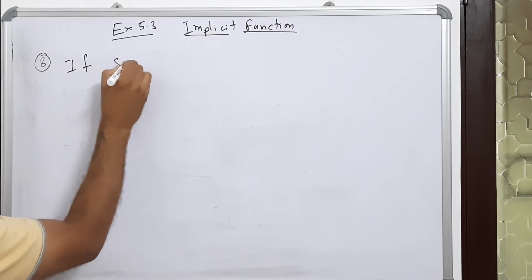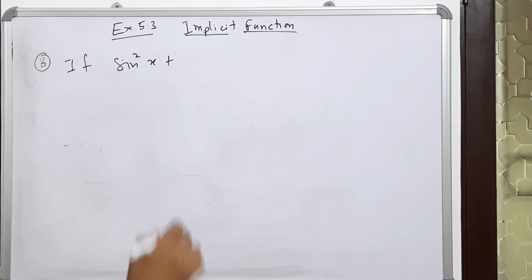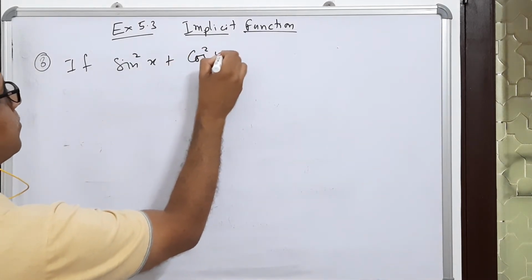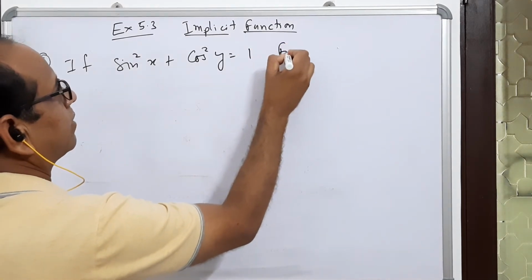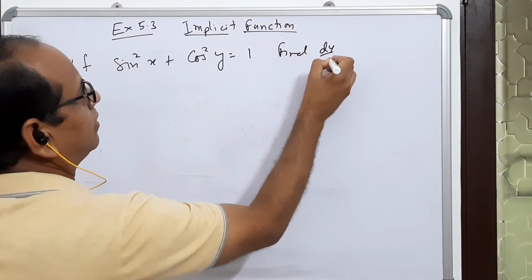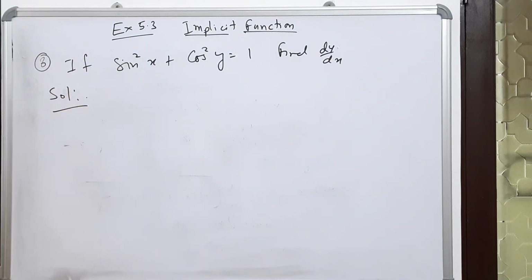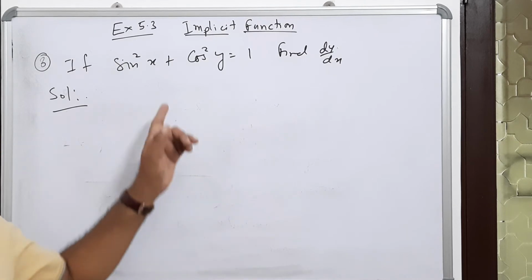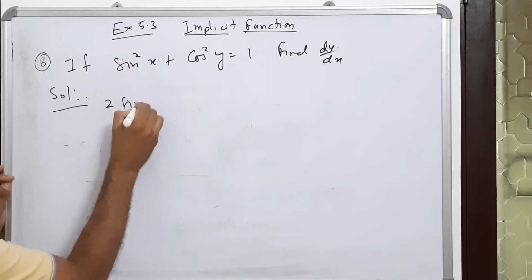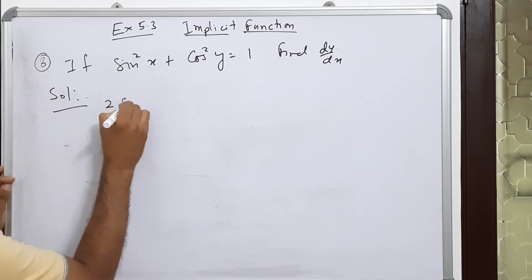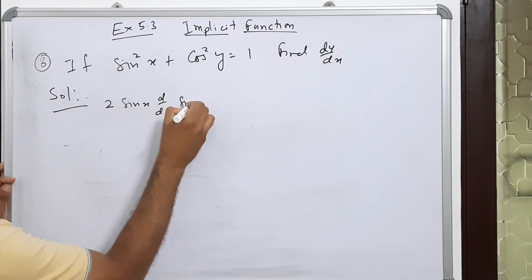All of you look here, problem number 8 in the sequence. If sine square x plus cos square y equals to 1, then find dy by dx. Please see this problem again by the direct differentiation. Sine square x will be 2 sine x and then d by dx of sine x.